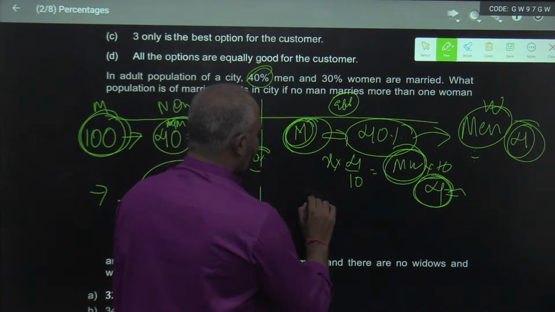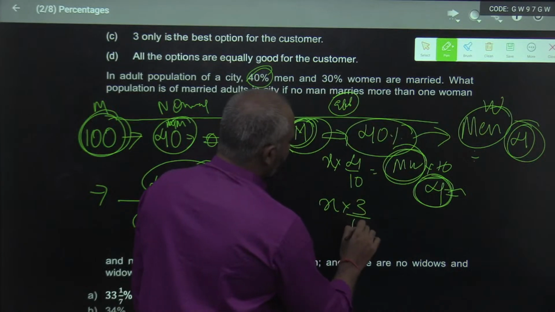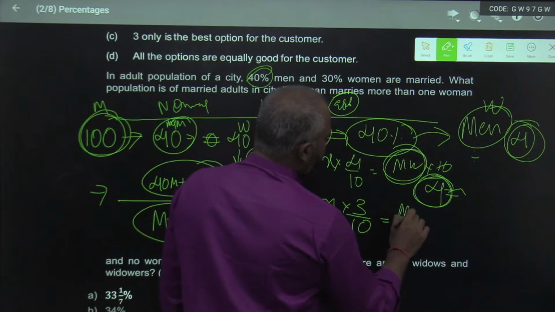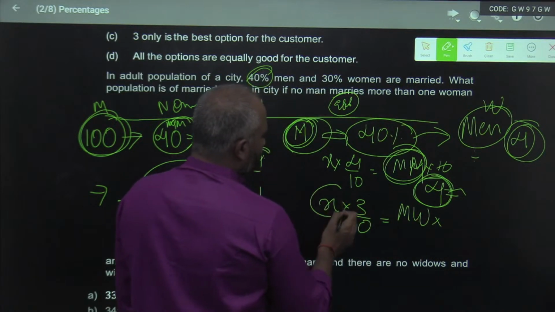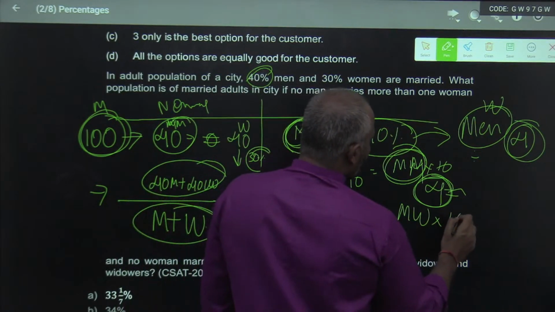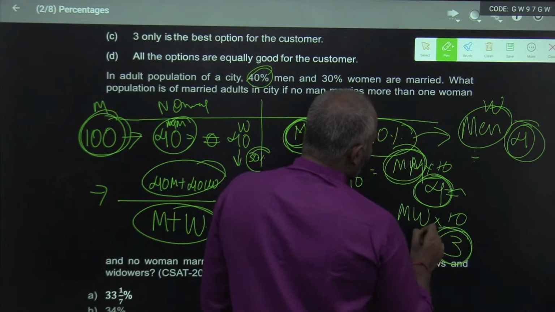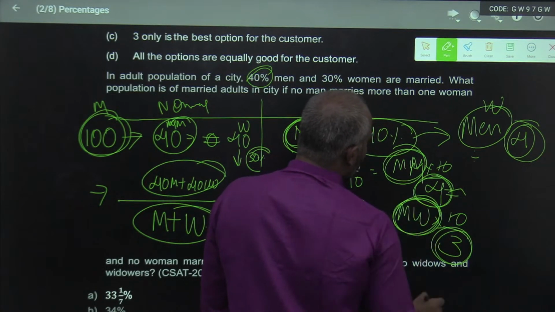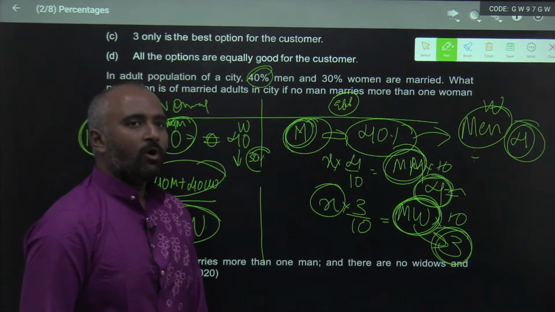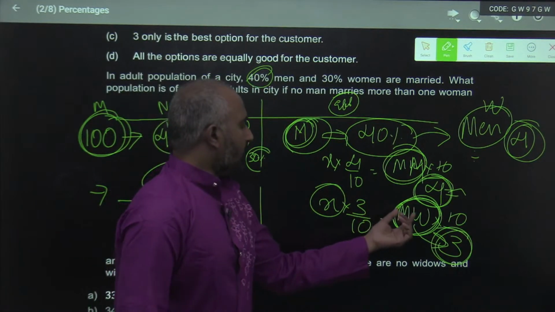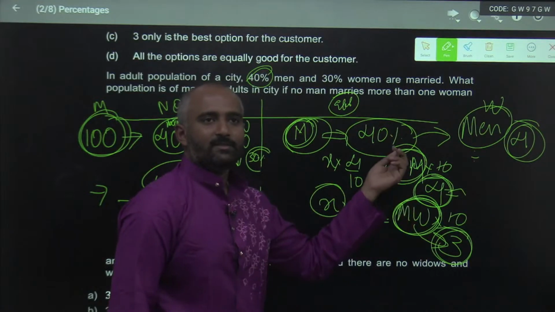In the same way, total women into 3 by 10 is married women, and total women becomes married women into 10 by 3. So if your married women number is divisible by 3, it will be much more efficient. Married men and married women, the value is same, right?